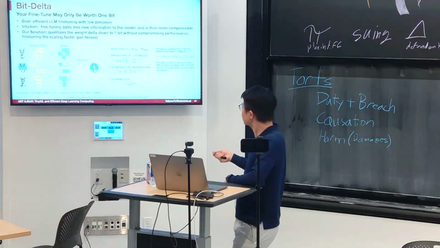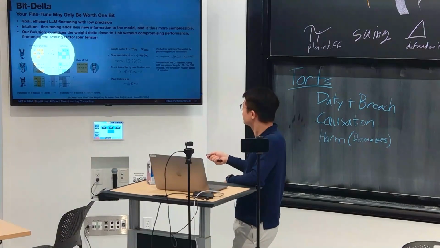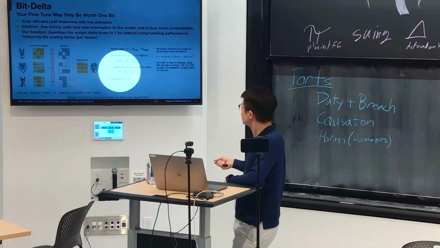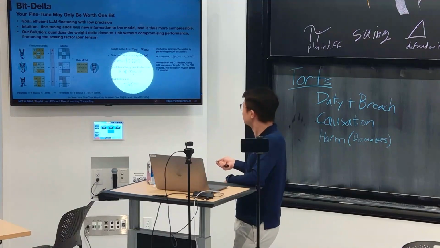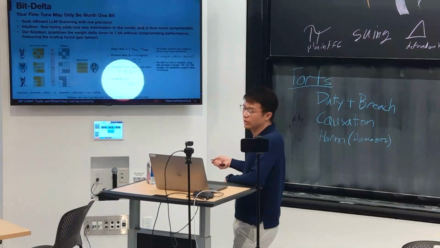And to minimize the quantization error, since we have alpha, which is a scaling factor right here, we want to minimize the difference between these weight deltas, the single-bit version versus the full-precision version. Okay, so this is the difference. And we initialize alpha as the average. So we have an n by m matrix, and this is the sum of the original values. This is the original average, and for alpha we want to keep it the same.